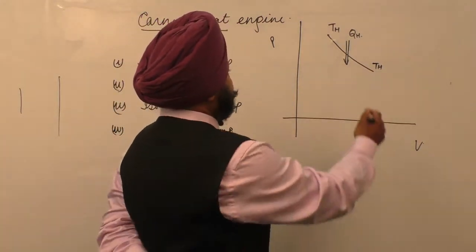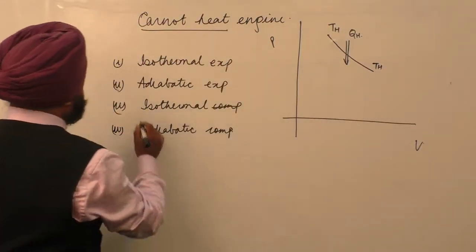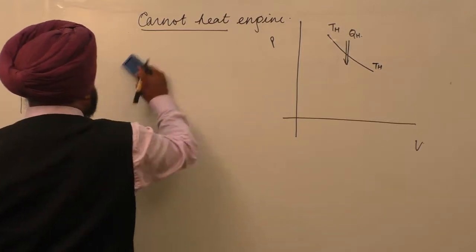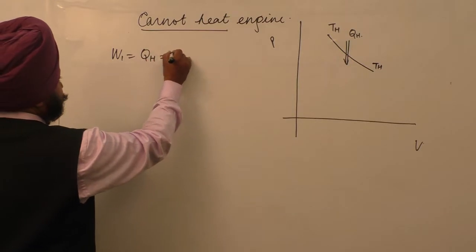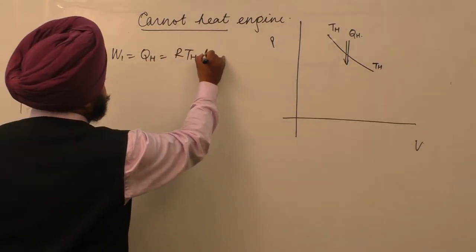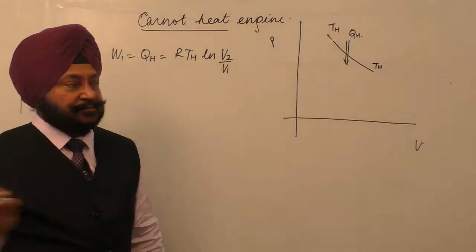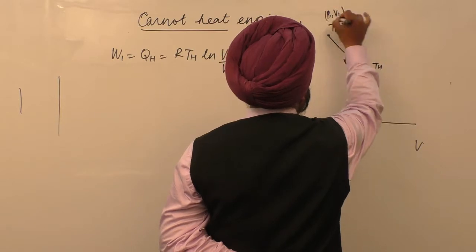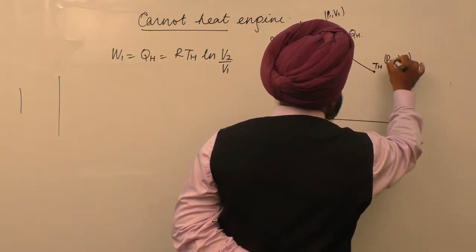And an amount of heat QH is taken in by the substance. During this time, the work done during the isothermal process is equal to W1. The heat extracted is QH and the work done is R TH log of V2 over V1. We'll assume that at this point pressure is P1, volume is V1. At this point pressure is P2, volume is V2, and so on.